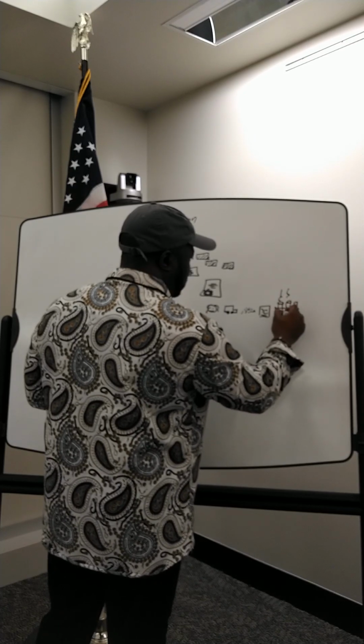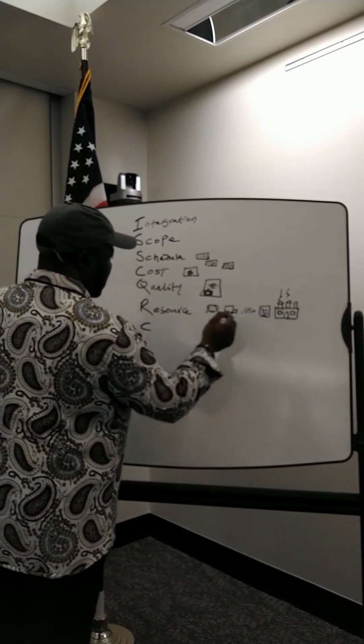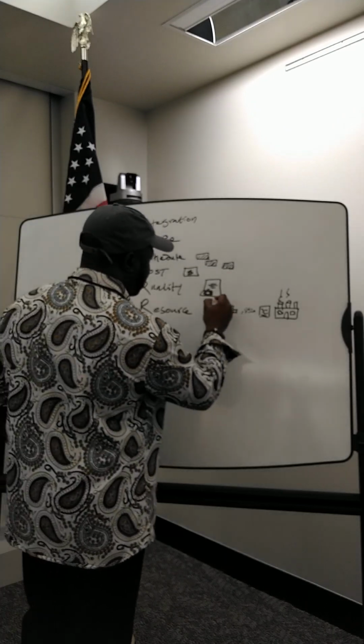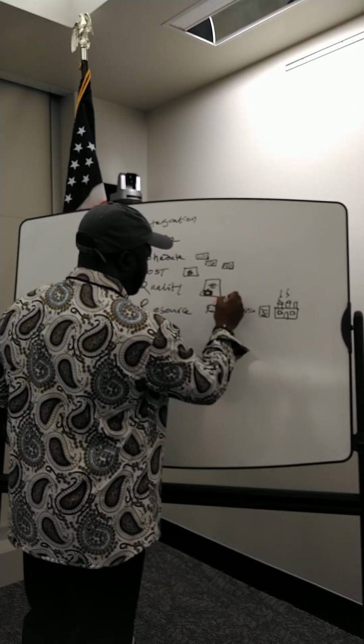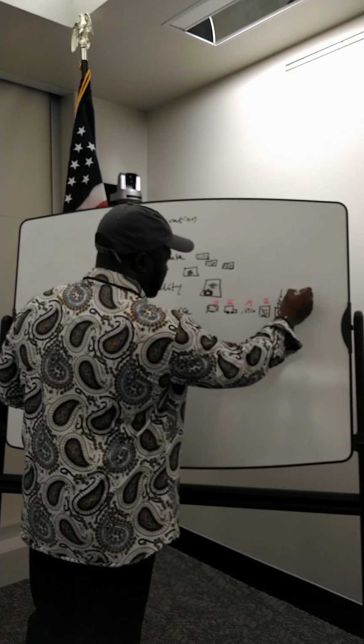All right? And that's what resource management is all about. Human, equipment, materials, supplies, and facilities. I often call this the HEMS factor: human, equipment, materials, supplies, and even facilities.